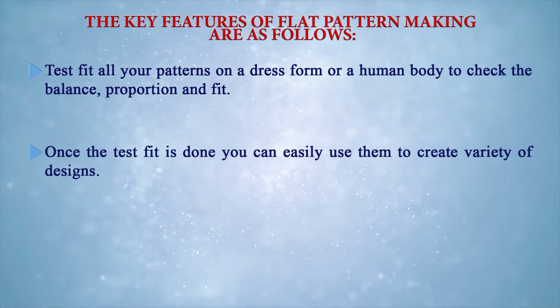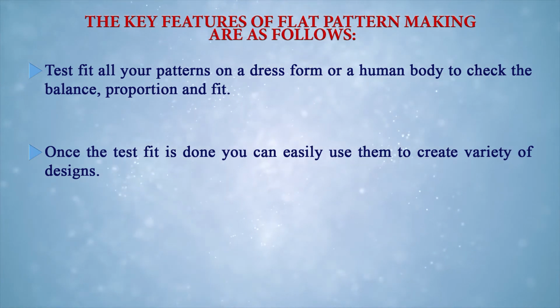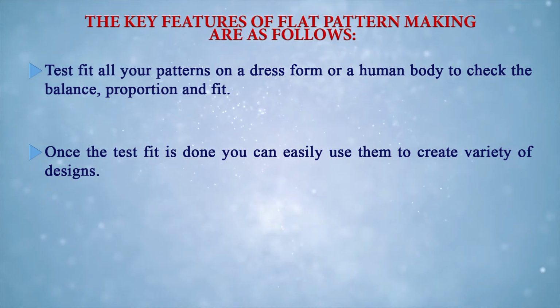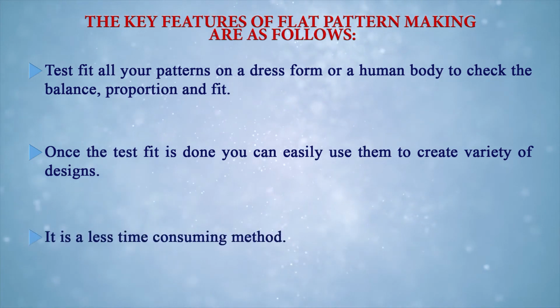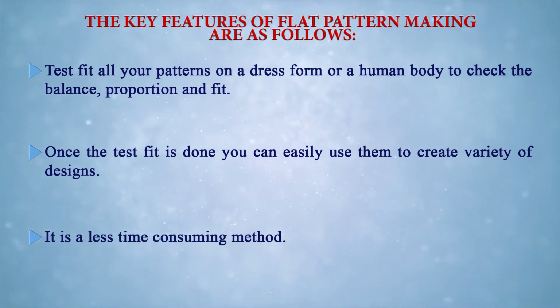Once the test fit is done, you can easily use the pattern to create a variety of designs. And lastly, it is a less time consuming method. If we have developed a basic sloper of a standard size, we can manipulate it according to different body measurements and different designs that we want to develop. So it is a very less time consuming method. This was all about the flat pattern making method.